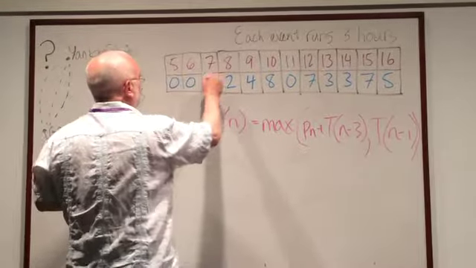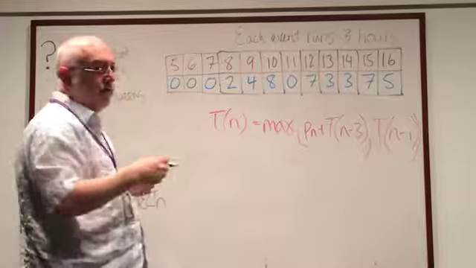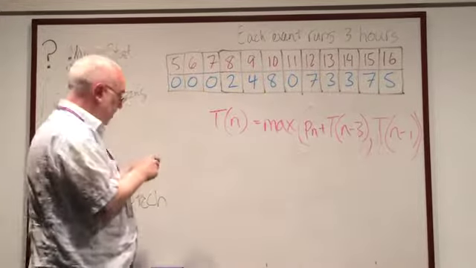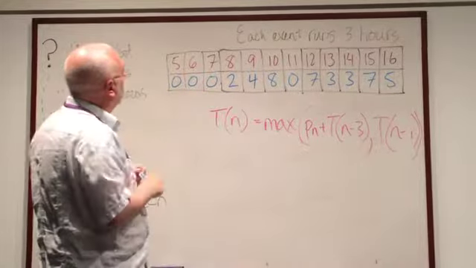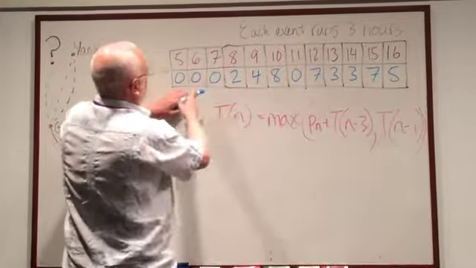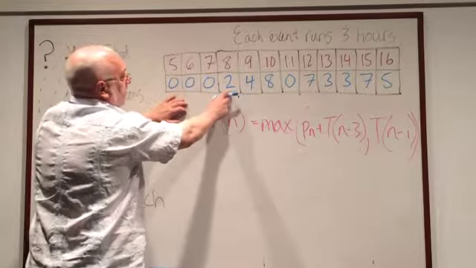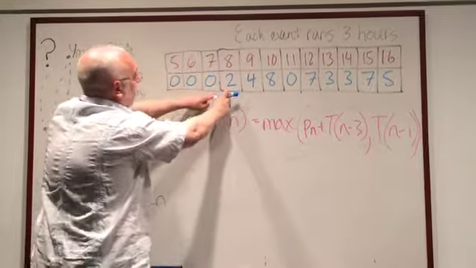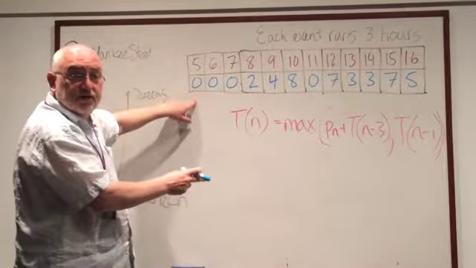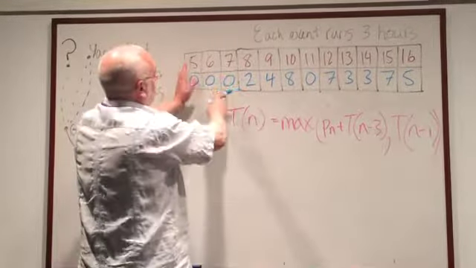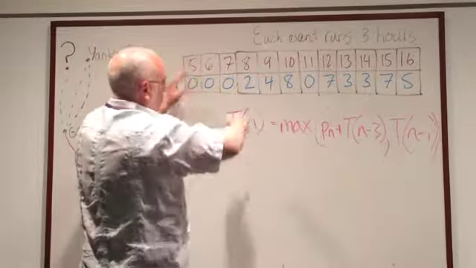And this way we can march forward and not worry about a special case for the first possible event. Because we couldn't look at T of n minus 3 here unless we filled in some zeros. So this is why, with this structure, we can now run this code.